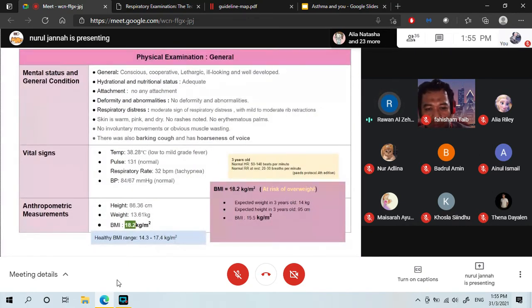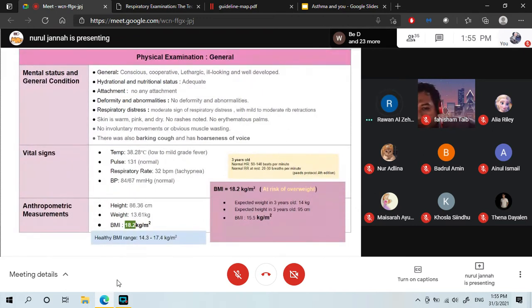For physical examination, mental state and general condition: the patient seems conscious, crying, lethargic, not looking well. Hydration and nutrition are adequate. No attachments, like urine drainage attachment, and no deformities or abnormalities.